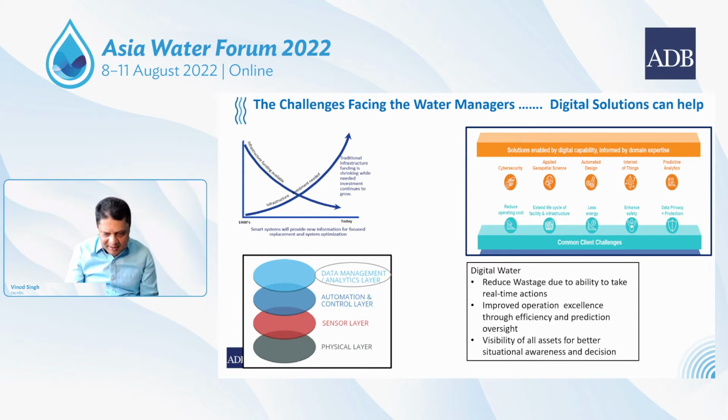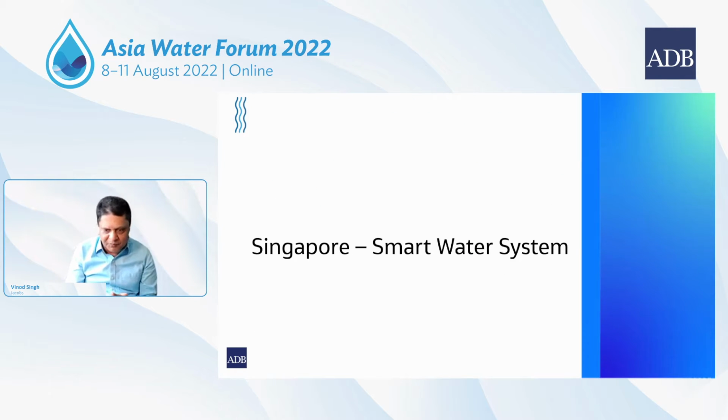We were talking earlier in the call that we can derive the maximum efficiency or optimization from this digital technology if we integrate the entire water cycle, the entire project life cycle, like planning, design, construction, operations, and the entire supply chain: client, consultant, designer, technology provider, operators, funder. If we integrate all this together, we have huge benefits, and we call it the one water approach, and digital technology enables us to do this one water approach.